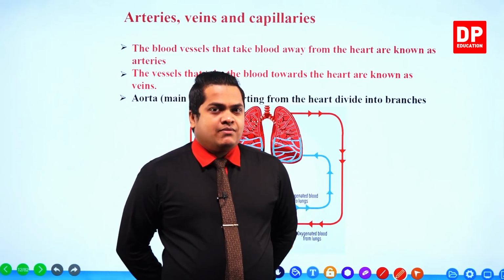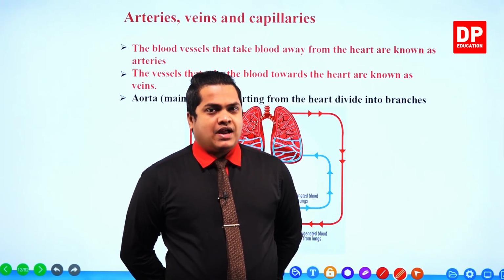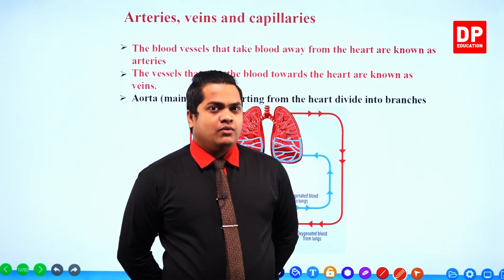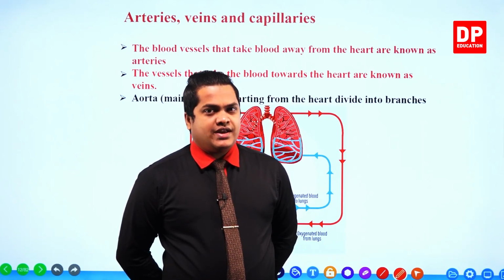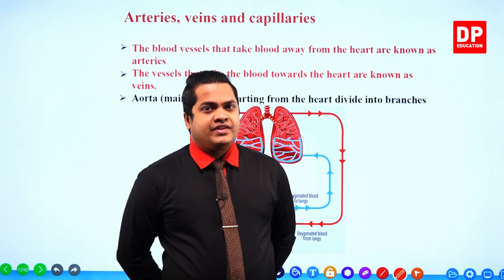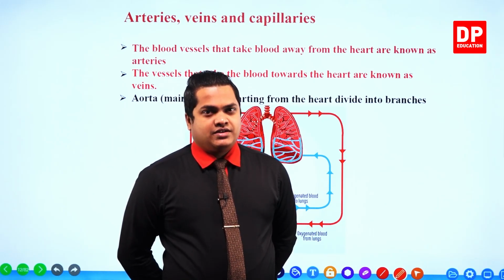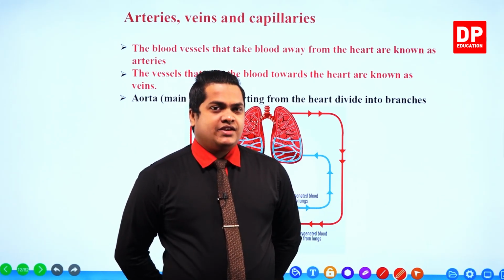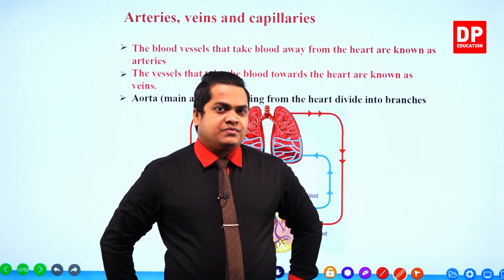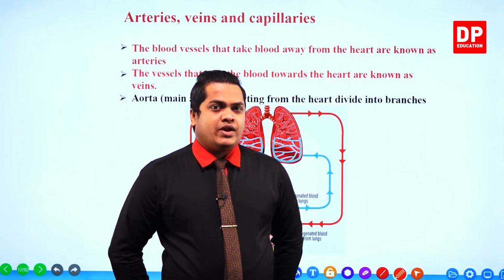If you take the pulmonary artery, it is the one that carries deoxygenated blood towards the lungs. If it is carrying deoxygenated blood, then it should be in blue color, even though it is an artery. So my dear children, that is the only exception where we interchange the colors blue and red.